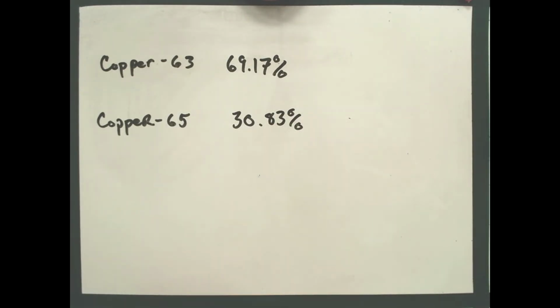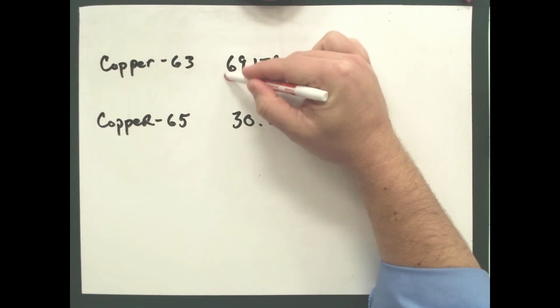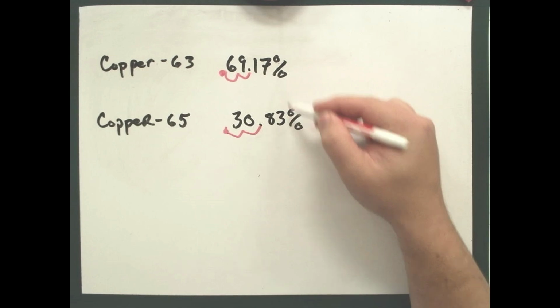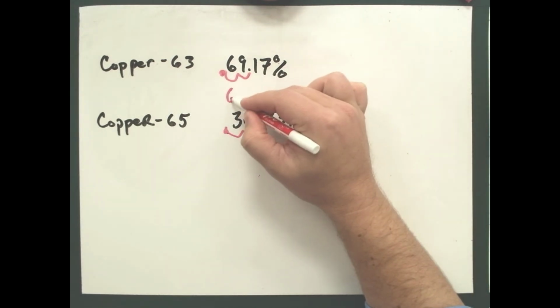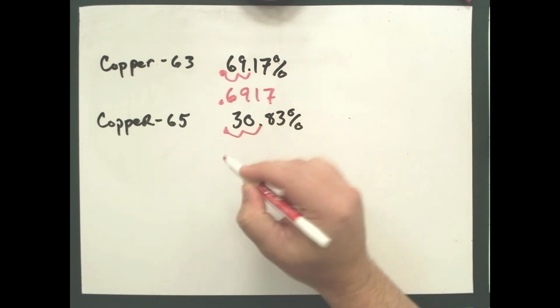Now, the first thing that you are supposed to do is to change your percentages into decimals by moving the decimal 2 places to the left. So I'm going to do that. Now, you only do this if it's a percentage. So that means I have 0.6917 and 0.3083.